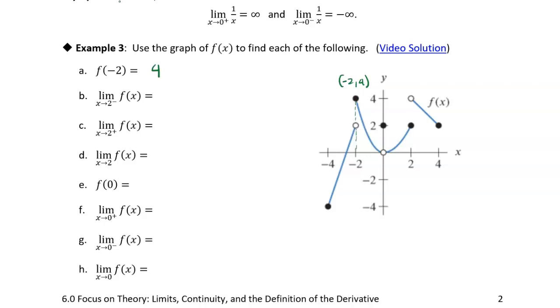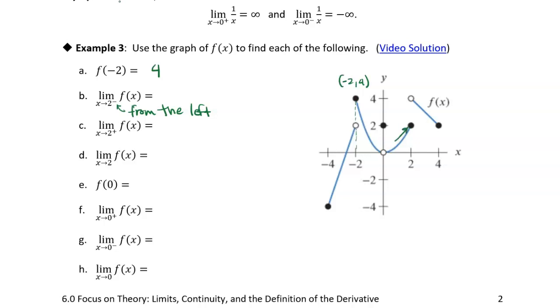All right, now we're going to look at what happens as we approach 2. Now this is not -2. This is 2 from the left. Remember, this little negative sign means we're approaching from the left, so we're approaching from the negative side of the axis. So 2 is over here now, and we are approaching from the left.